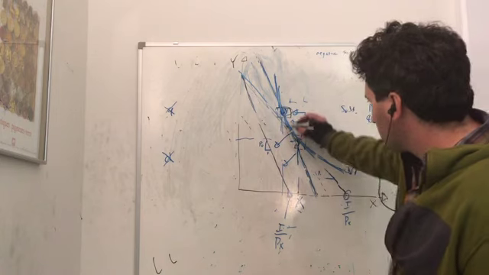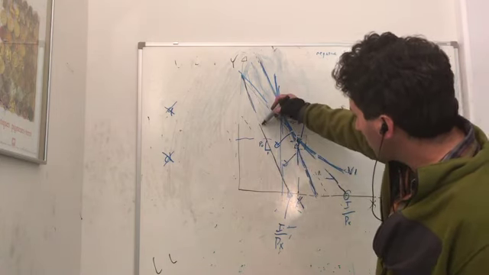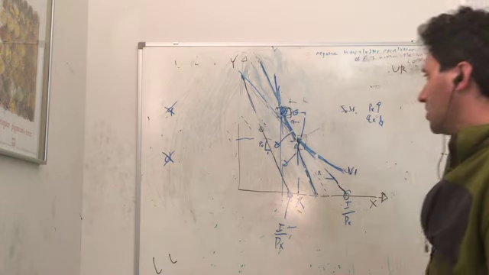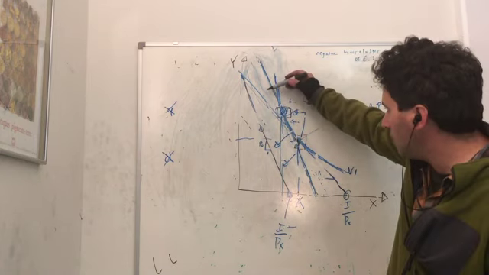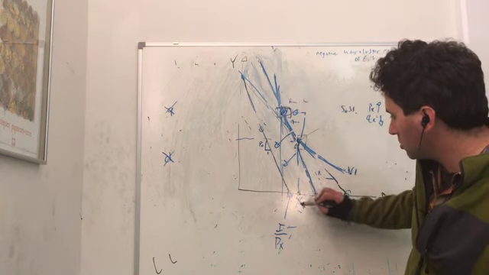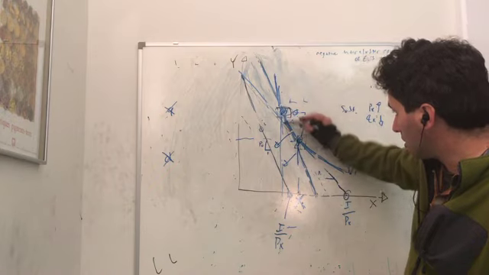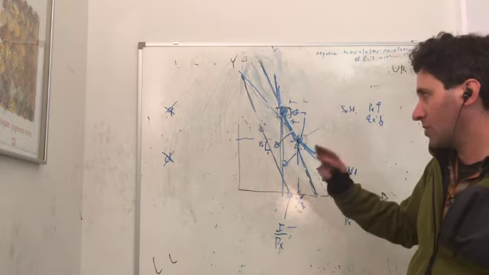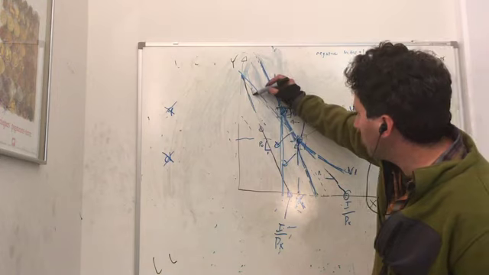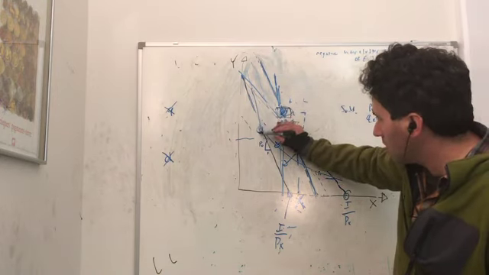So if I want to draw this correctly, I need the indifference curve to be tangent to this budget line at a point not only to the left of the initial choice of x, but to the left of the compensated choice of x. So it might look something like this.